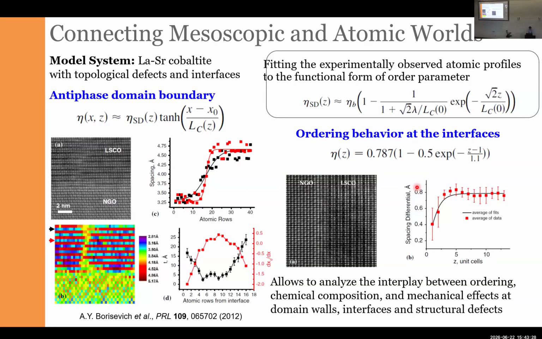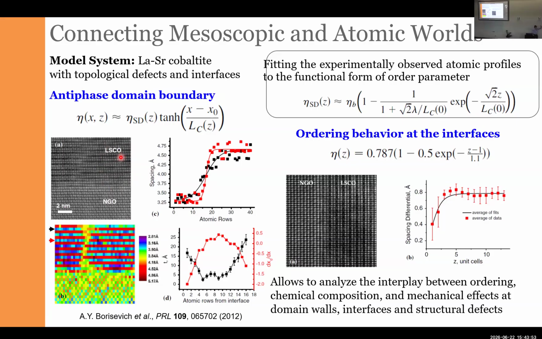So what else can we do? Interestingly, a similar type of analysis can be applied not only for polarization, but also for more complex things like vacancy ordering. For example, in materials like cobaltites, vacancies really like to order and form the Brownmillerite plane, so you see these periodic patterns.